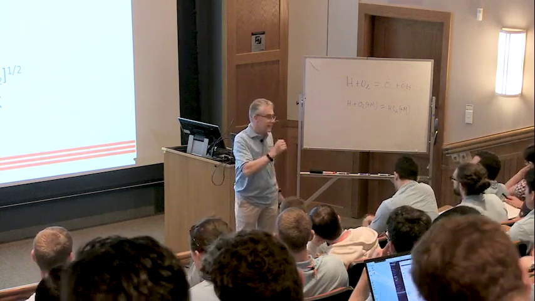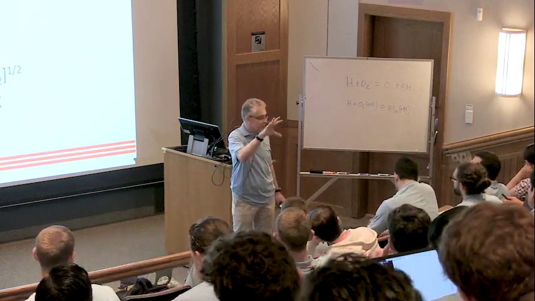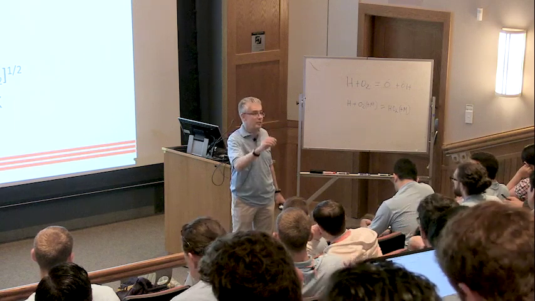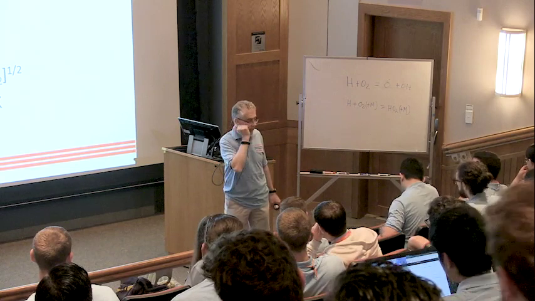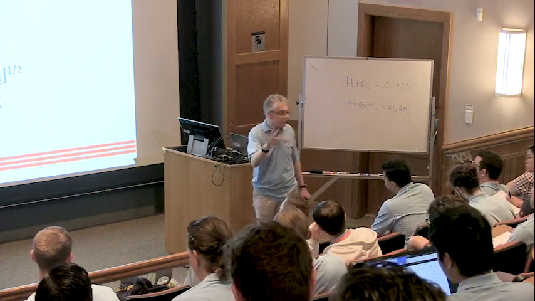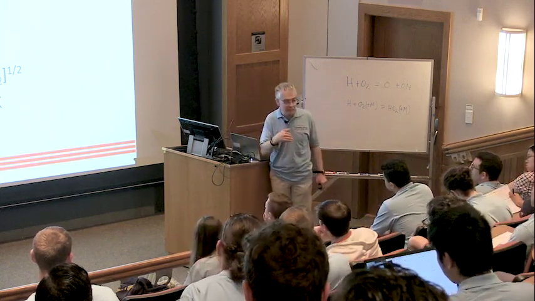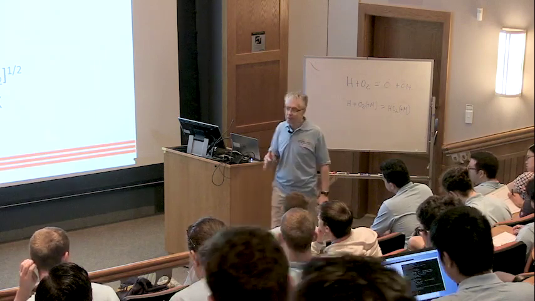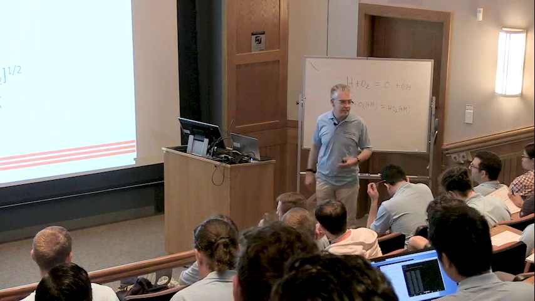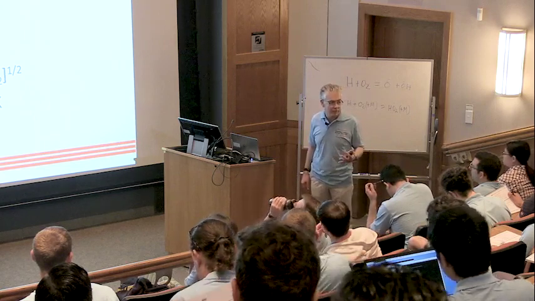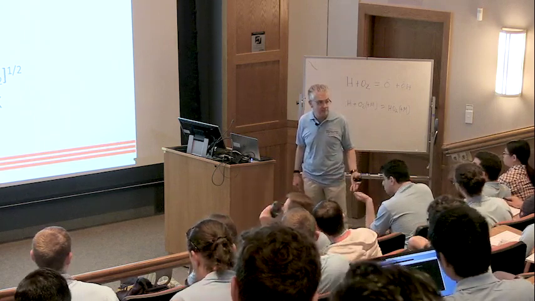And it just happens that the orders with respect to H2 and I2 are 1 and 1. But it isn't elementary, actually. Okay? And it's a pretty famous reaction for that reason. So you can look that up yourself if you're interested. It was determined, I think, in the 70s that it wasn't elementary. But it was assumed up to that it was.